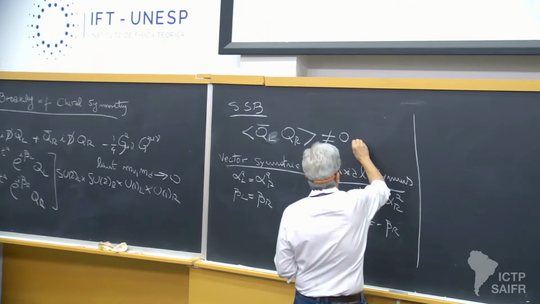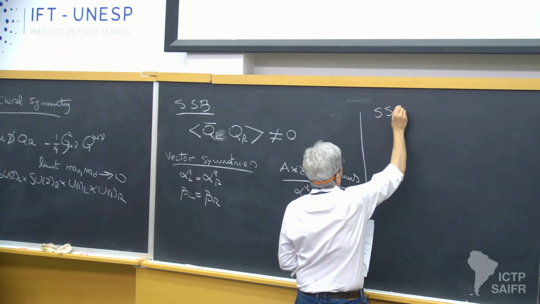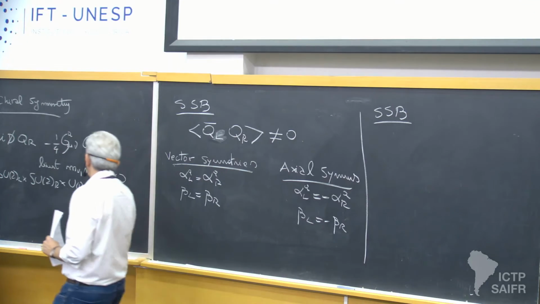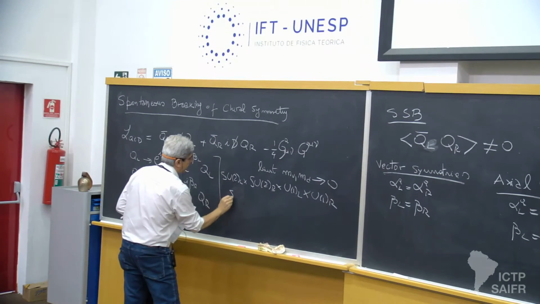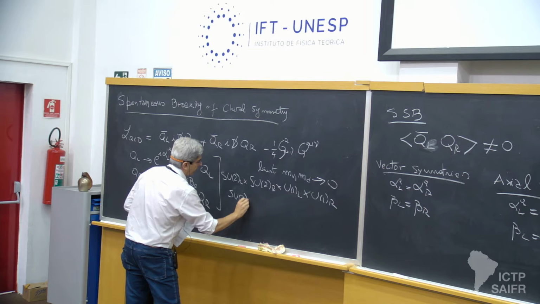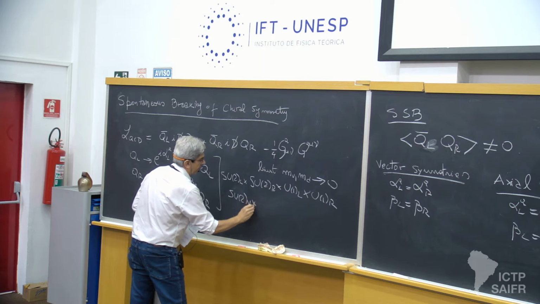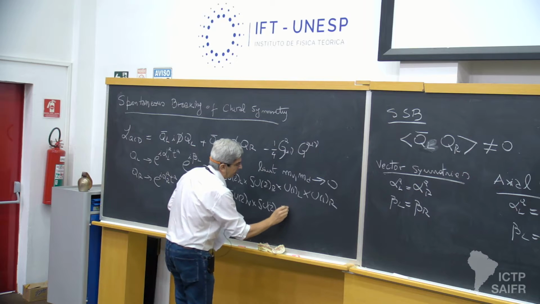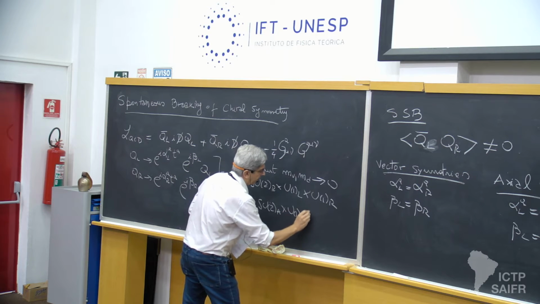So instead of writing the symmetry like this, I can write it as SU2 vector times SU2 axial times U1 vector times U1 axial.